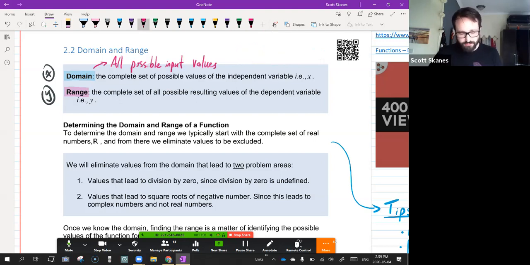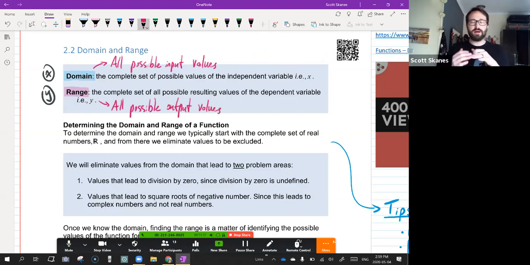The range is all possible output values. So whatever you put into this function, the range is all the possible values that can come out of the function. For example, if I have the function x squared, and if you were to graph this, it would look like this. What are all the y values here?